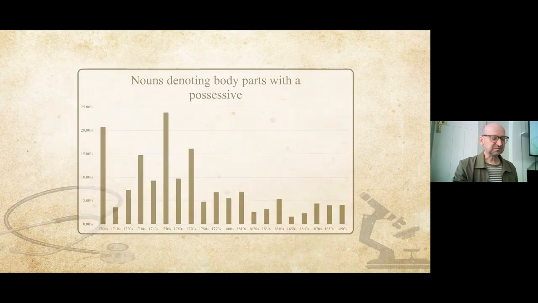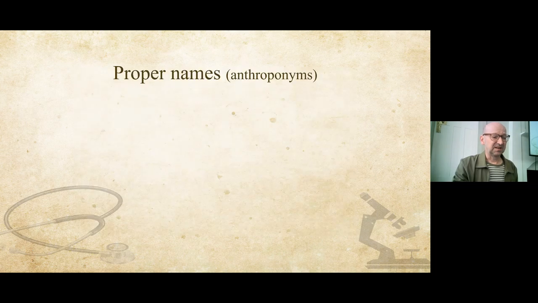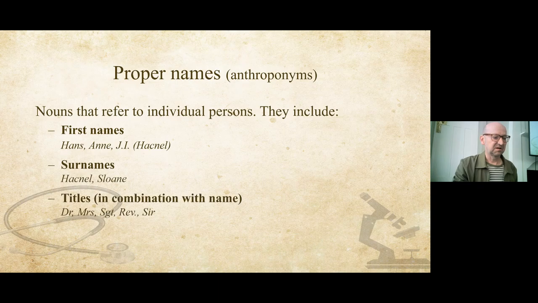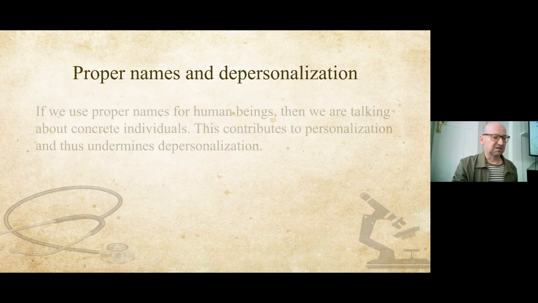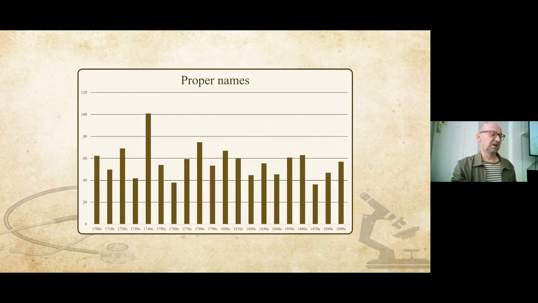More interesting, if you relate body parts to their possessor, so it's a body part with a possessive pronoun or a genitive, then you see a strong development towards less of that. I think I skipped proper names because there's no clear development here either.